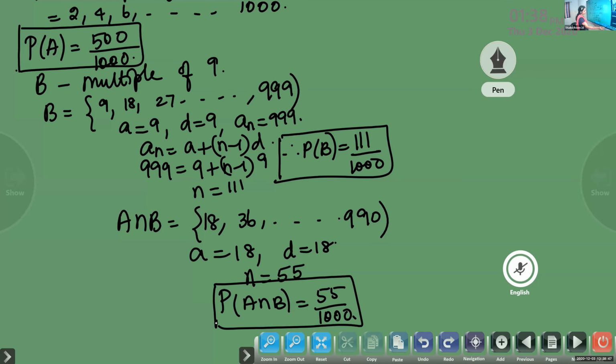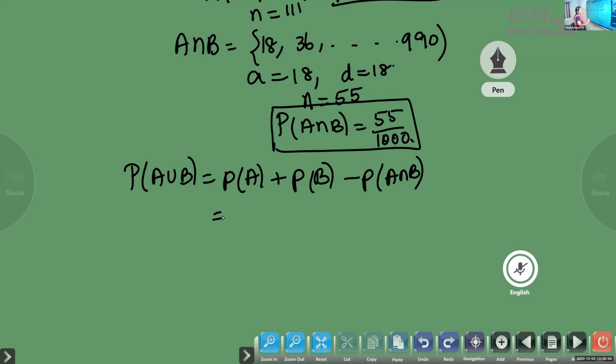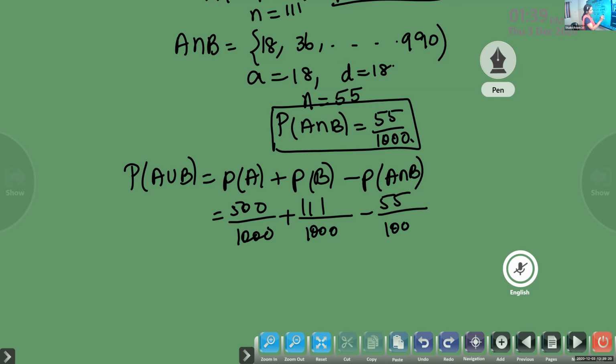So we want to find P of A union B, isn't it? P of A union B is equal to P of A plus P of B minus P of A intersection B. 500 by 1000 plus 111 by 1000 minus 55 by 1000.